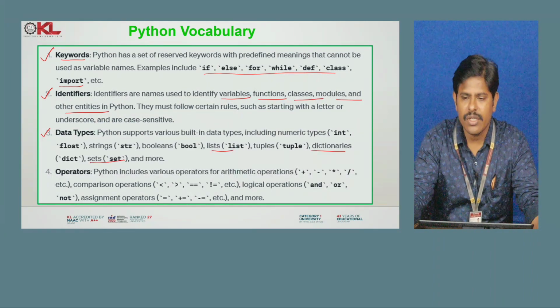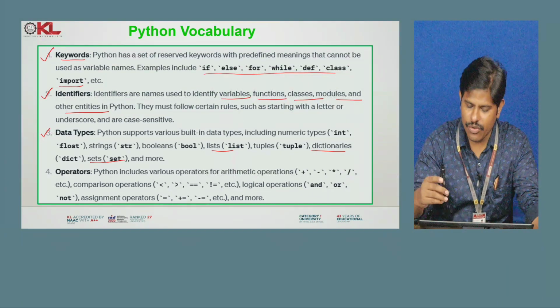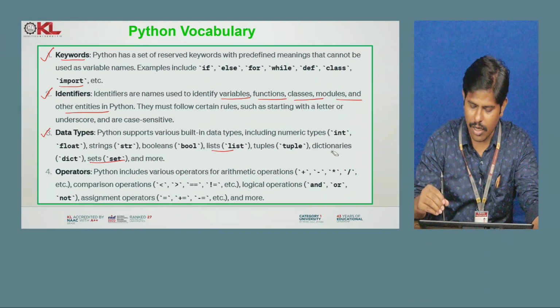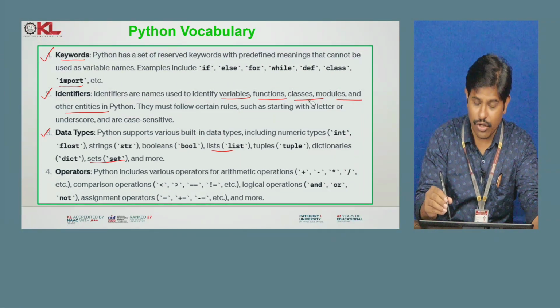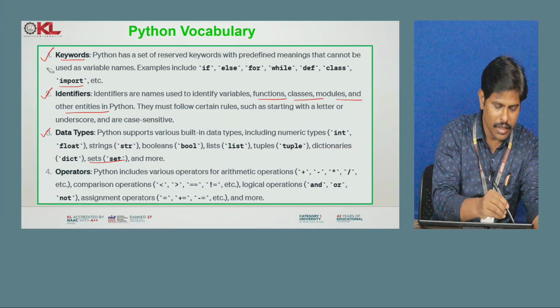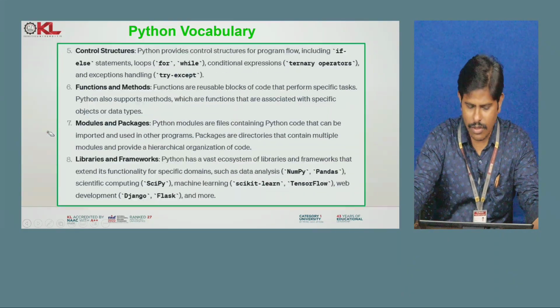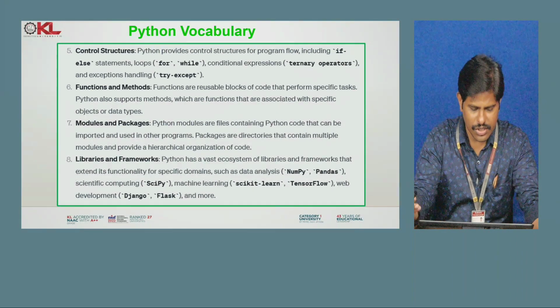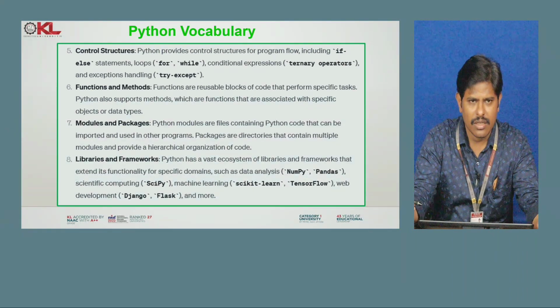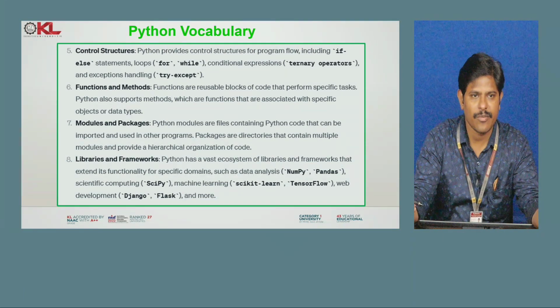Operators in Python are the same as in other programming languages. In all programming languages you have similar operators: arithmetic operators, logical operators, and assignment operators. All are common in all programming languages. Then you have control structures: the if statement, while statement, for statement, and you can use ternary operators and try except methods.